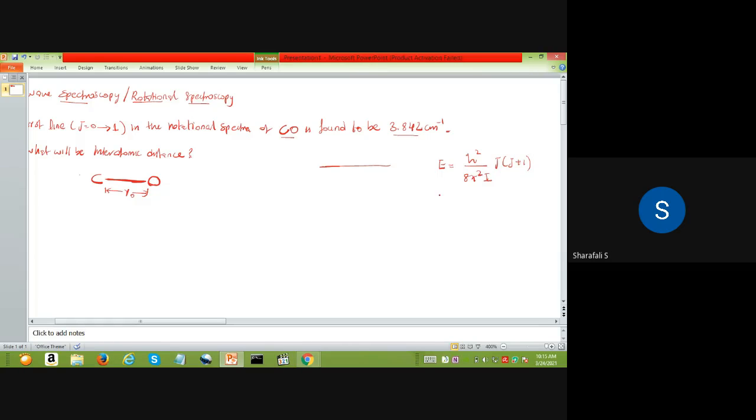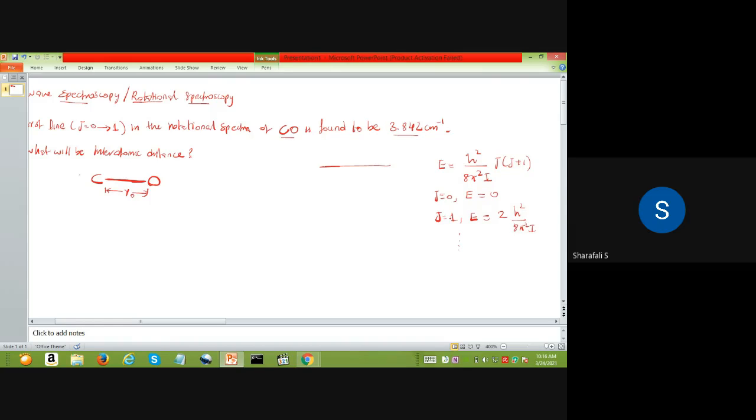So for J equal to 0, we have energy E equal to 0. For J equal to 1, this term becomes 2, so E equals 2 into h square by 8 pi square I, and so on.